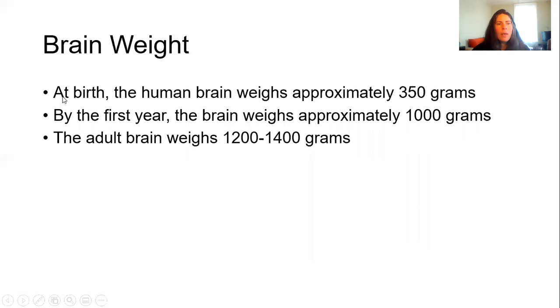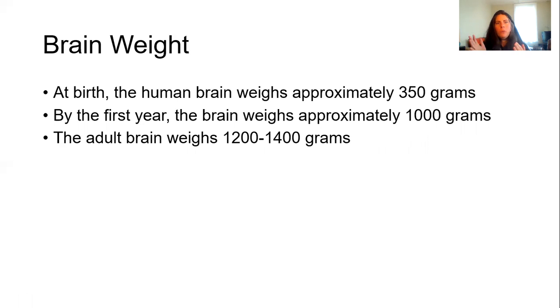Now, at birth, the human brain weighs approximately 350 grams. But by the first year, the brain weighs approximately that of the adult brain. So intelligence is not just a function of brain size. As you can see, by the first year, the weight of the brain is that of the adult.